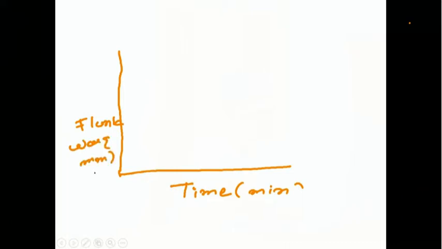If we measure the wear at various machining times and try to draw a plot, then we can get a profile like this. Here this profile of wearing is generally divided into three parts. The first region is region A, another is region B, and the last one is region C.